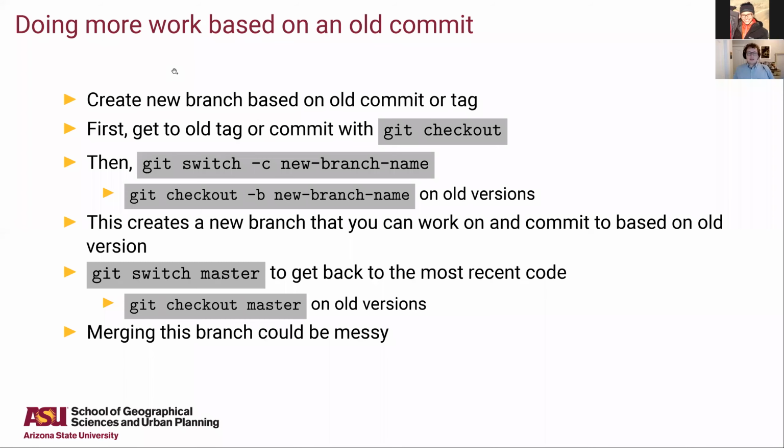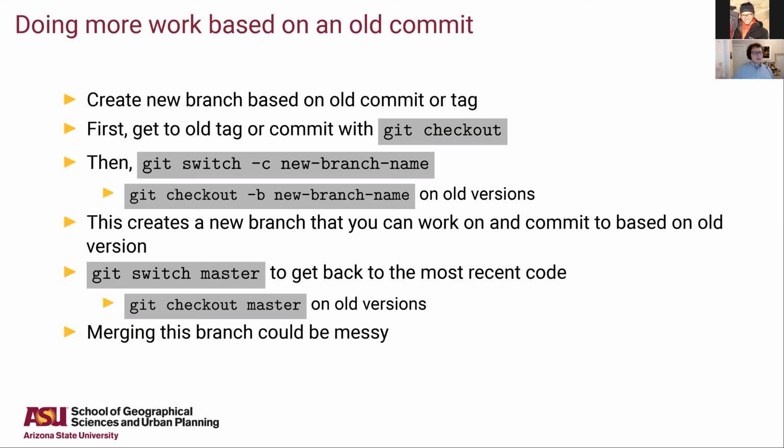Now, if you do that, you probably don't want to merge that branch back into master, because Git's not going to move your master back to where that branch was. When you merge a branch, it's going to try to take all the changes that have been made to that branch since it was branched off and apply those to master.